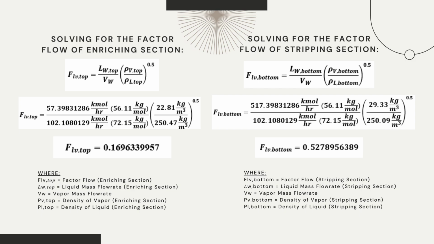Then we substitute all the numbers that we had, and we get the flow factor of the enriching section, which is 0.169 or 0.17. For the stripping section it is the same, though the difference is that you only use the bottom data. So for this one, the flow factor for the stripping section is equal to 0.53.